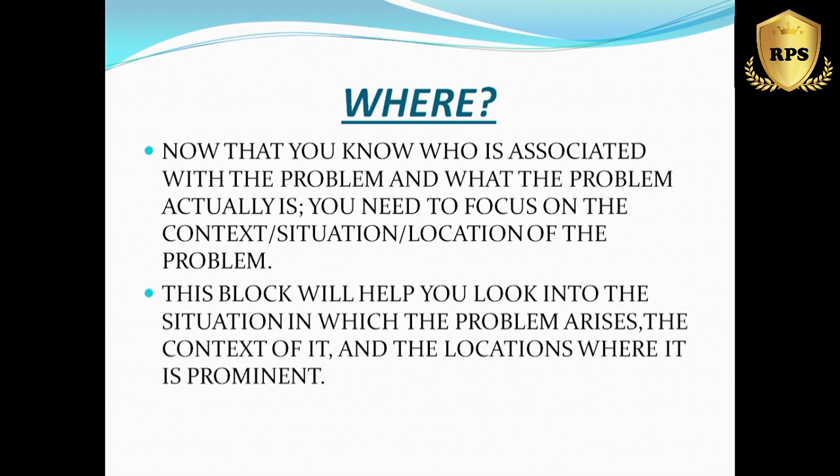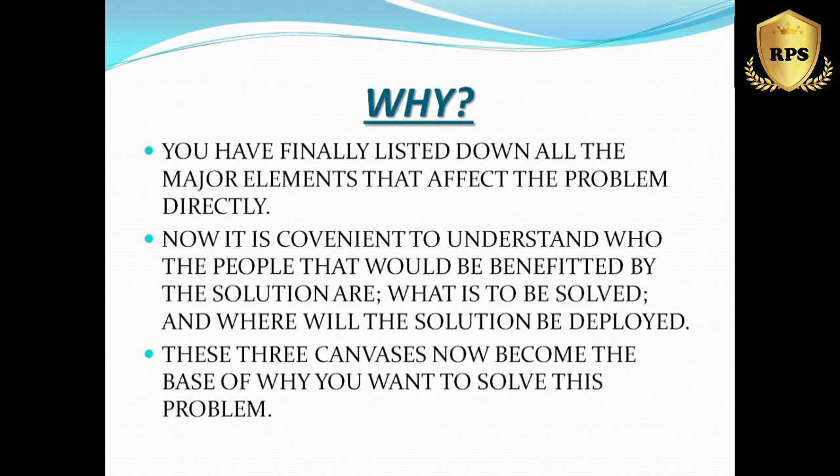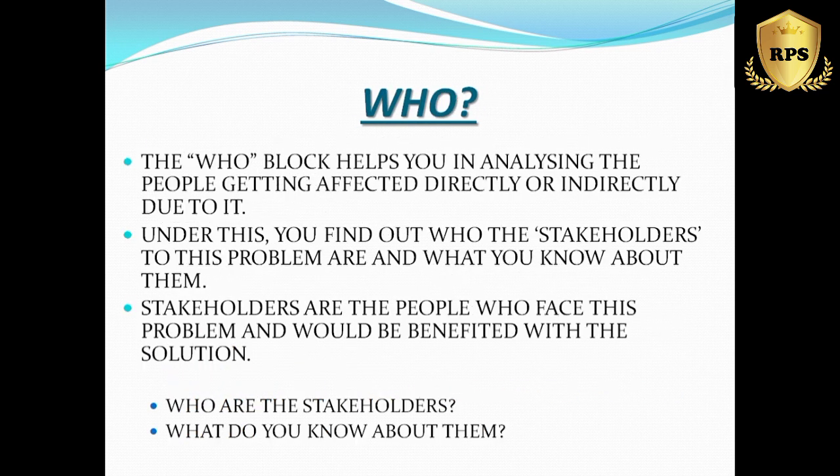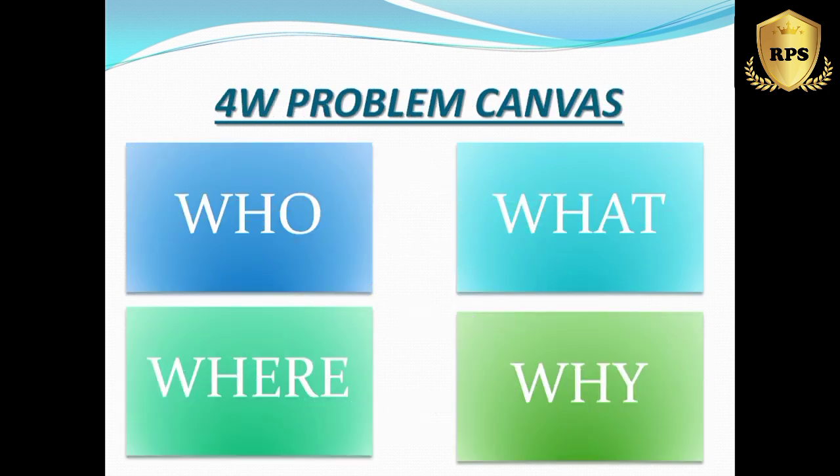Where is it prominent? By going through these four blocks, which are who, what, where, and why, you can easily get knowledge about the problem, and through this you can get problem scoping.